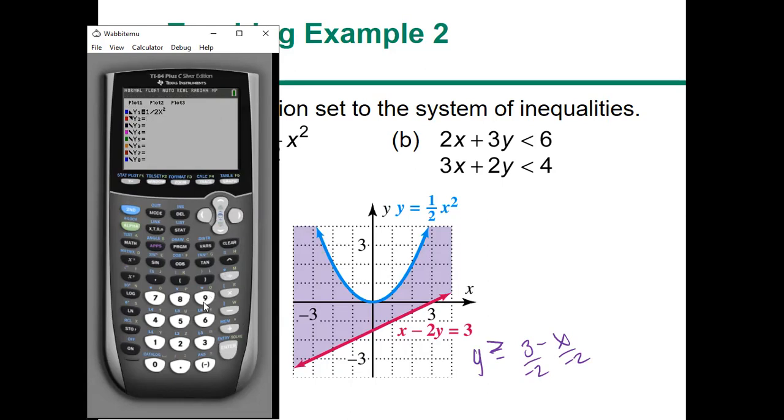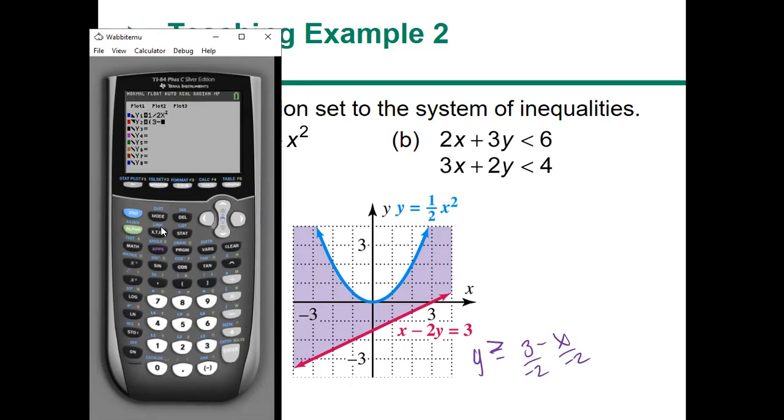I'm just going to write it as 1, so I don't have to write all those extra. 3 minus x divided by negative 2. Okay. So now when I hit graph, it's going to graph the quadratic inequality.